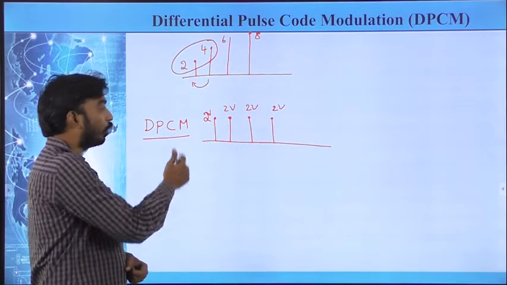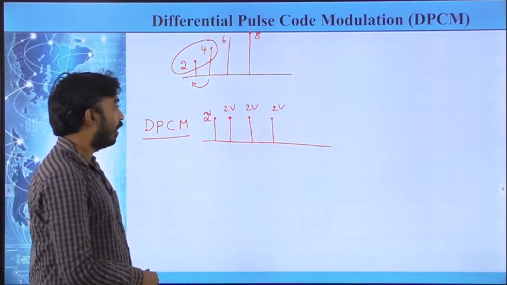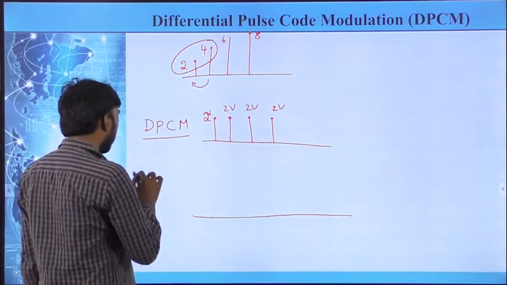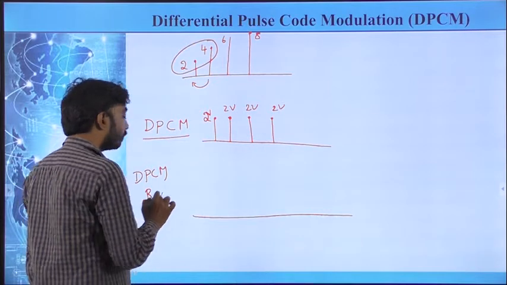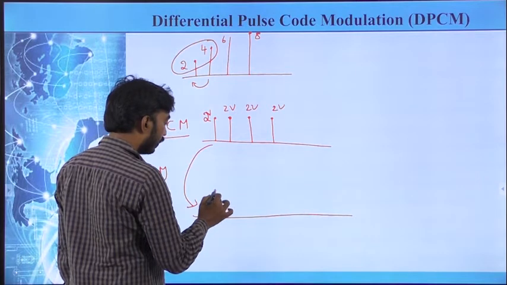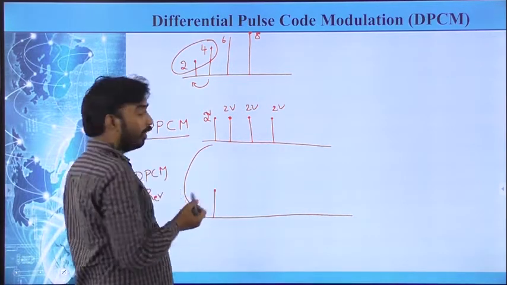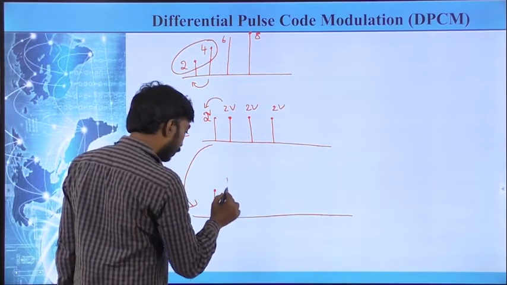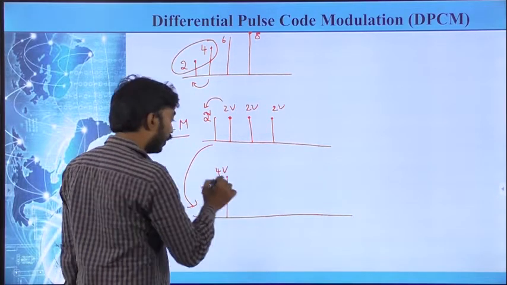This is encoded and transmitted over a channel, and at reconstruction, that means at the DPCM receiver, the first sample is taken as it is. The next sample is added with the previous sample. That means 2 plus 2 is 4.